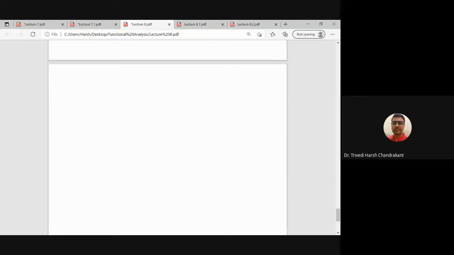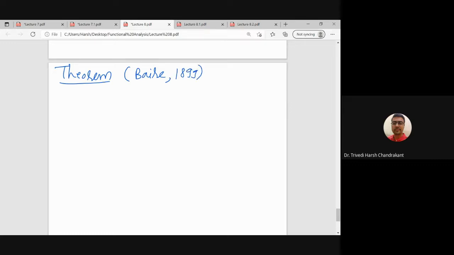Okay, so we'll see an example later on, but today we want to discuss a theorem which is known as the Baire category theorem. This is regarding complete metric spaces.